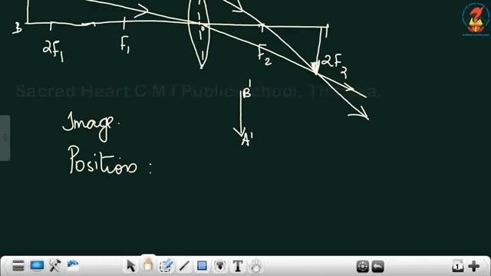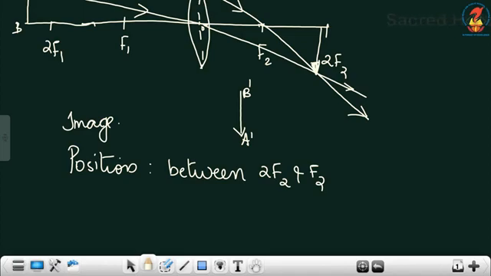So, the image is between F2 and 2F2. Now, the size is diminished.